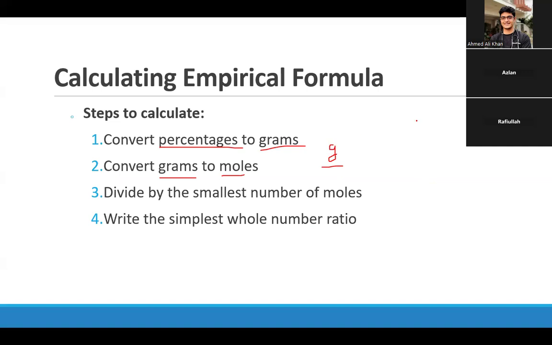So just grams divided by the atomic mass. Simple. So that's how you convert the grams to moles. And then you divide all of those moles by the smallest number of moles, right? And then you write the simplest whole number ratio. That is your empirical formula. We'll just visualize this example.